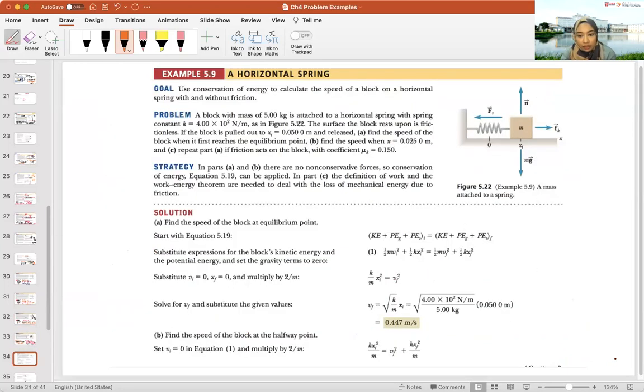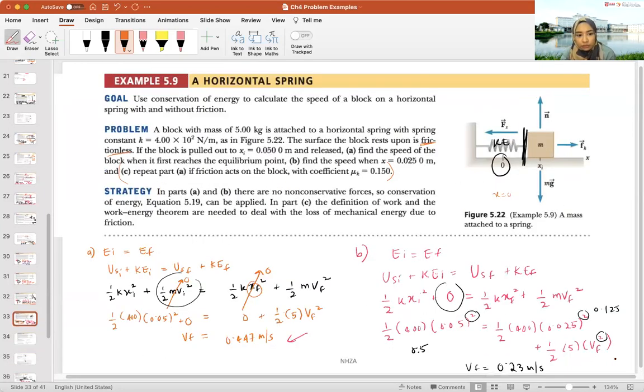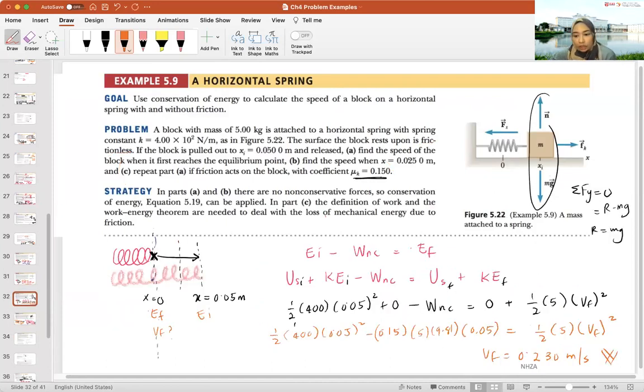So what was the part A to our question just now? Our part A, we got the value 0.447. When we have friction, our V final became 0.23. It slowed down because we lost energy to the environment from friction. Let's see, betul ke jawapan saya?